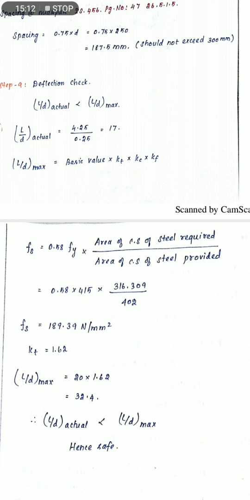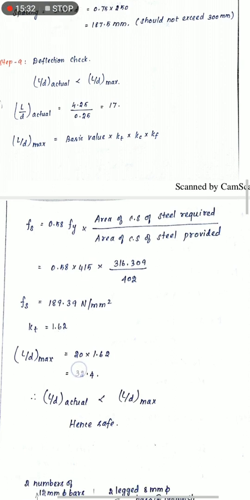We have already seen it in the one way slab. The FS value is 0.58 fy into area of required AST by provided AST. Applying those values, we get FS as 189.39 Newton per mm square.